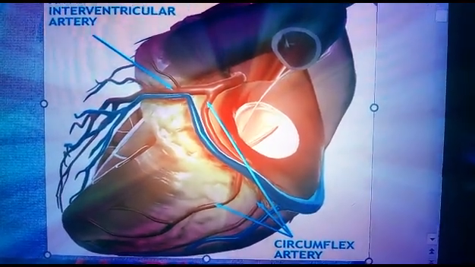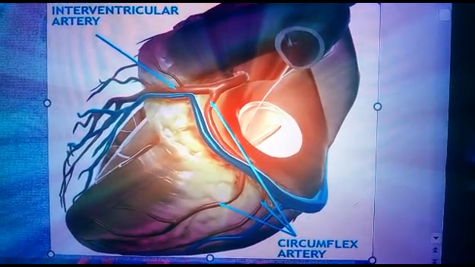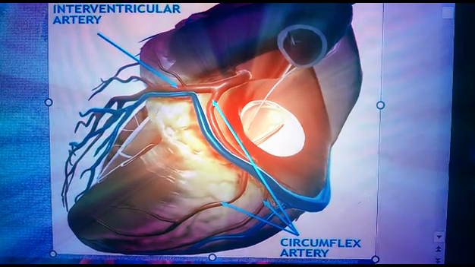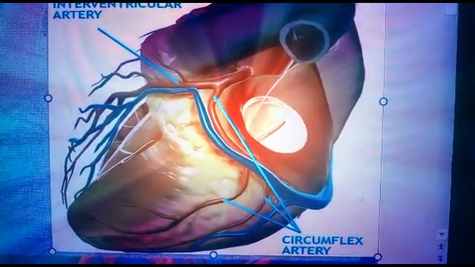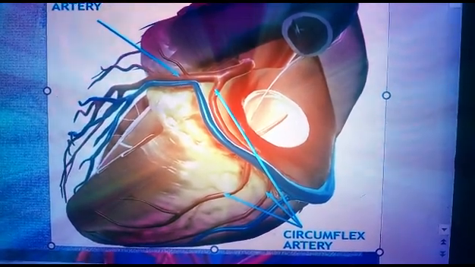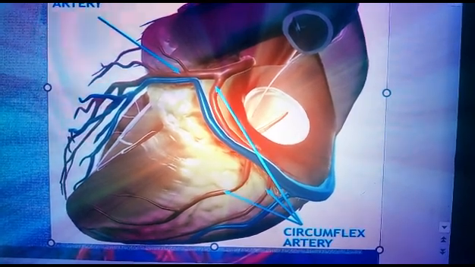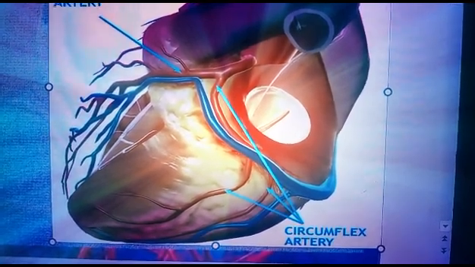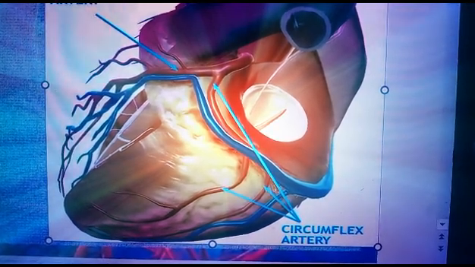Then the left ventricle, left atrium, and interventricular septum are all supplied with blood by the left coronary artery, which divides into the anterior interventricular artery and the circumflex artery.